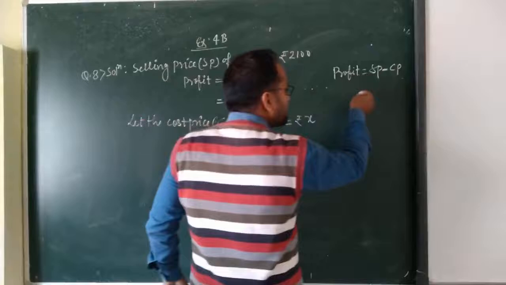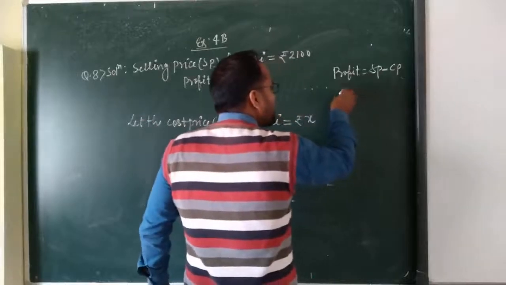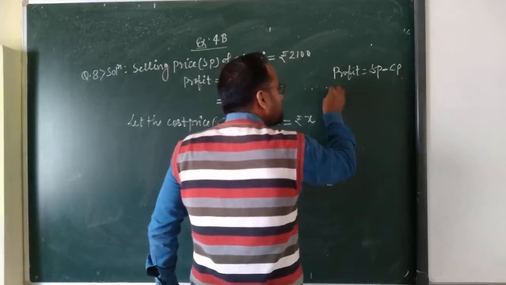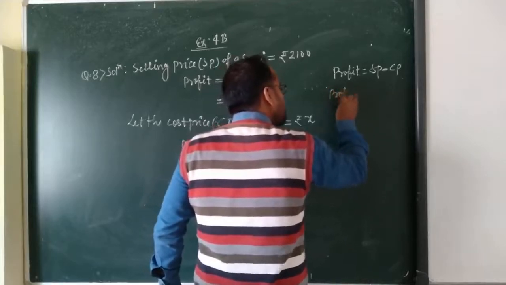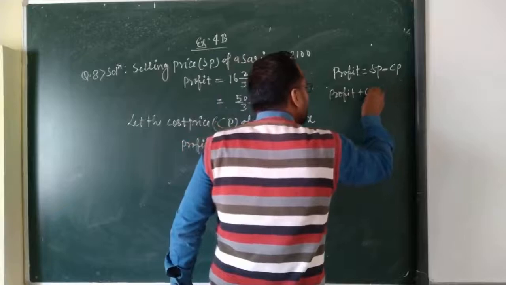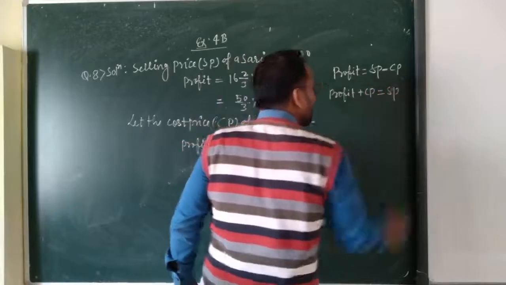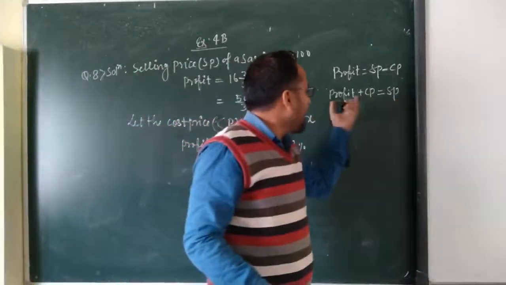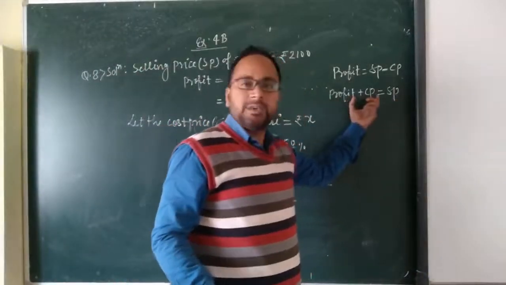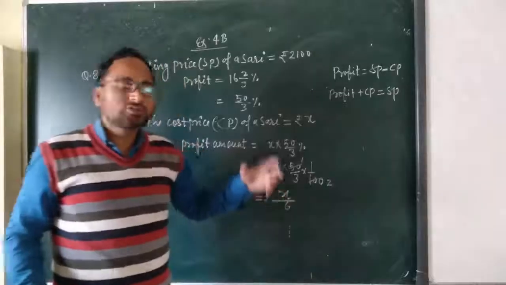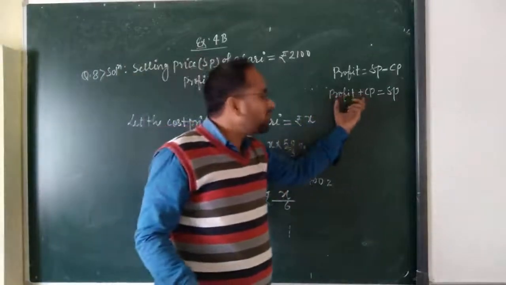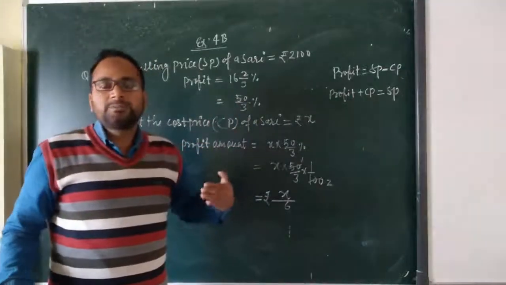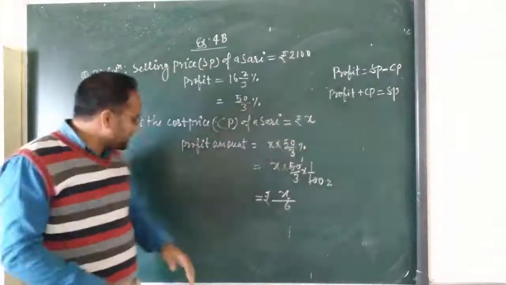So that formula is going to be reversed: profit plus CP is equal to SP, because only the numerical value of SP is given, and both profit and CP are in X. So our aim is to find out the unknown quantity. So the unknown quantity you always keep on the left side. Okay students?